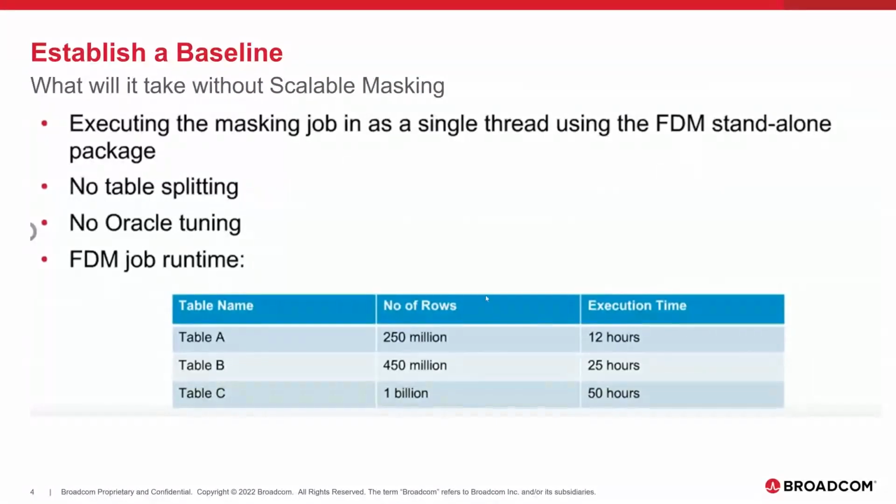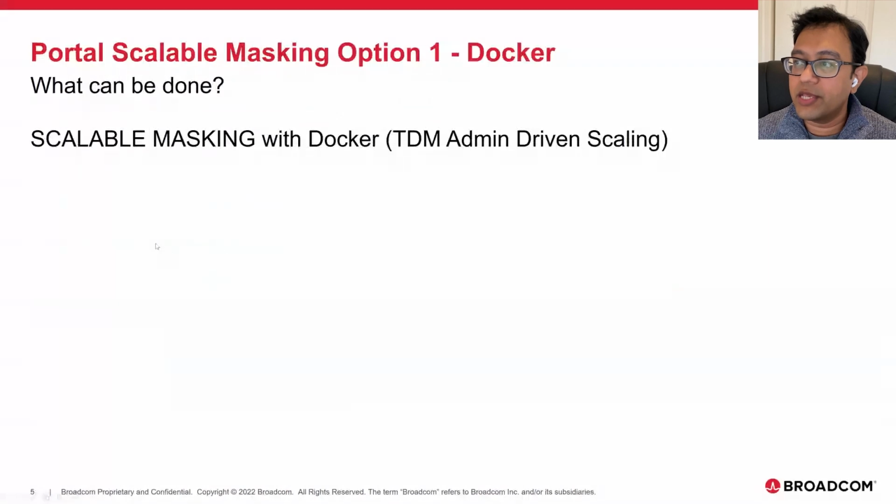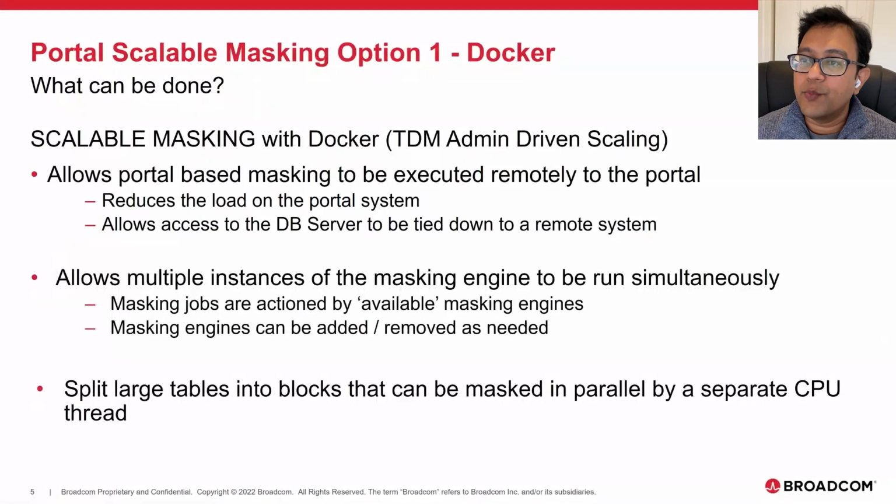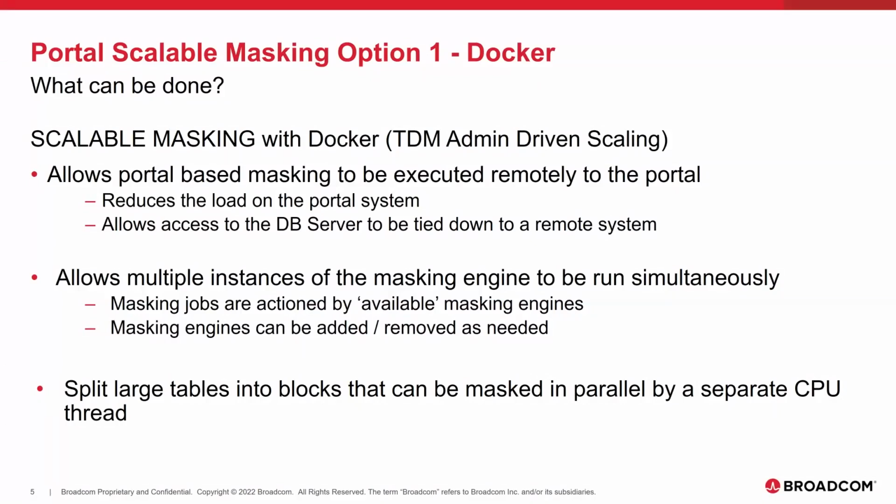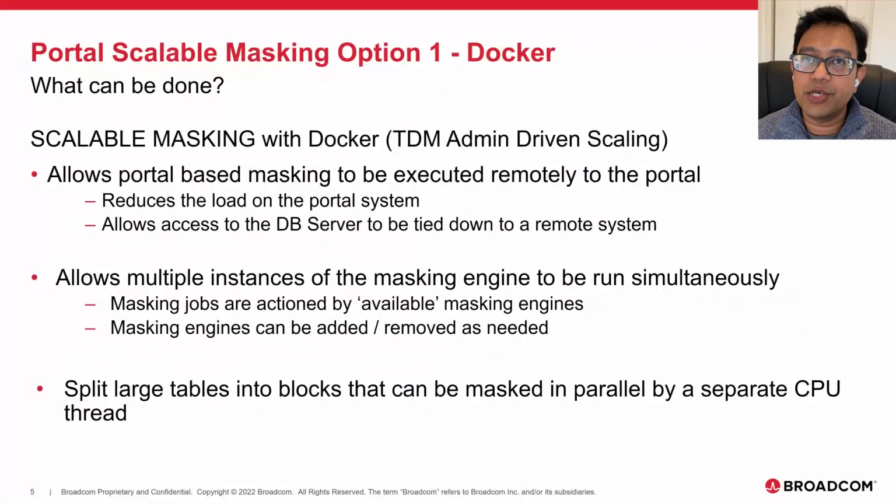We have got two options. One, we can implement a Docker-based scalable data masking, in which we deploy a manual scale-out and manual scale-back version, where individual Docker containers can host multiple data masking FTM engines. This allows your masking engine to be distributed from your actual TDM engine.